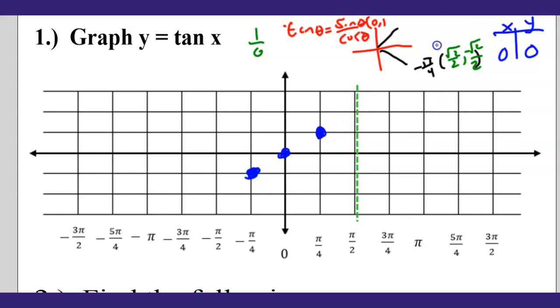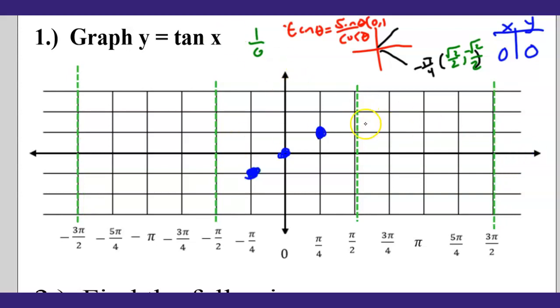And this would continue. It would be another asymptote at 3 pi over 2. And of course, there would be an asymptote at its negative angles as well. Alright.